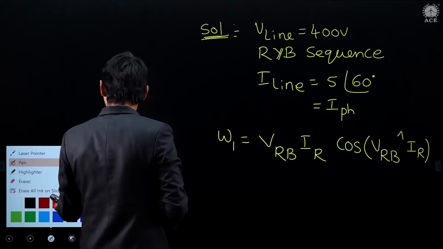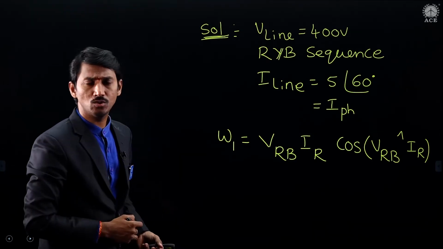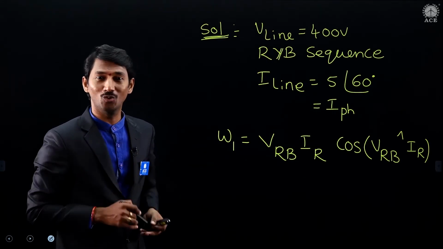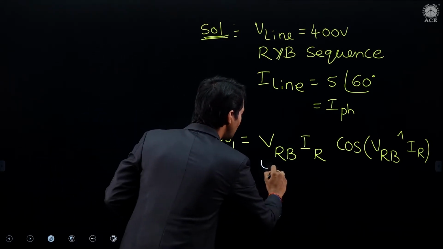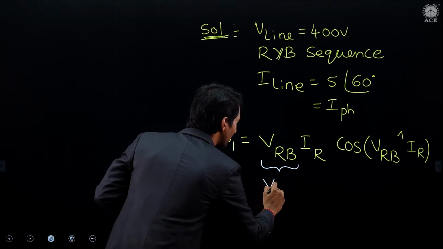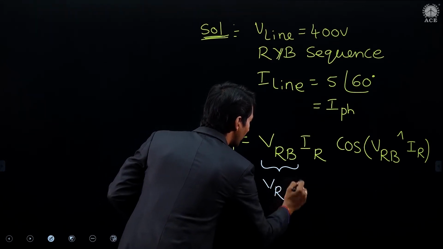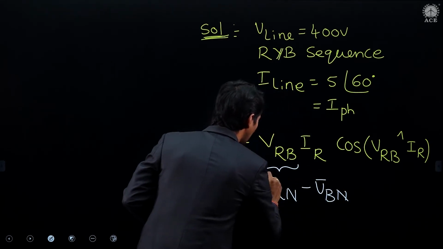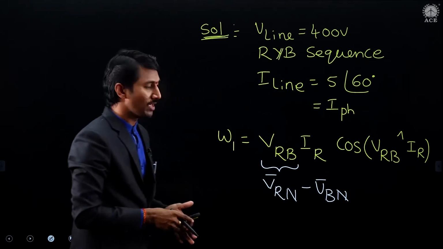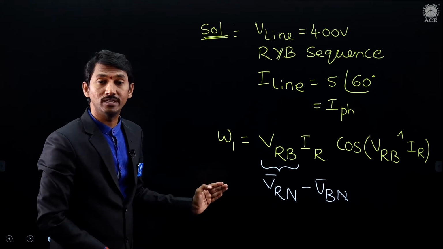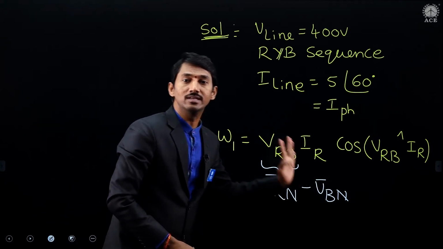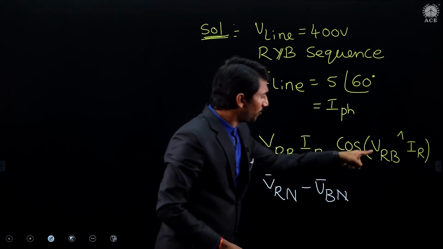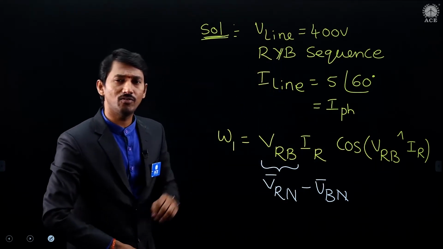Sir, here VRB is the line voltage. How do we get that line voltage? By combining the phase voltages. So this VRB can be written as VRN minus VBN. From the basics of star connection, line voltage is the combination of two phase voltage vectors. Sir, why do we have to find that angle?